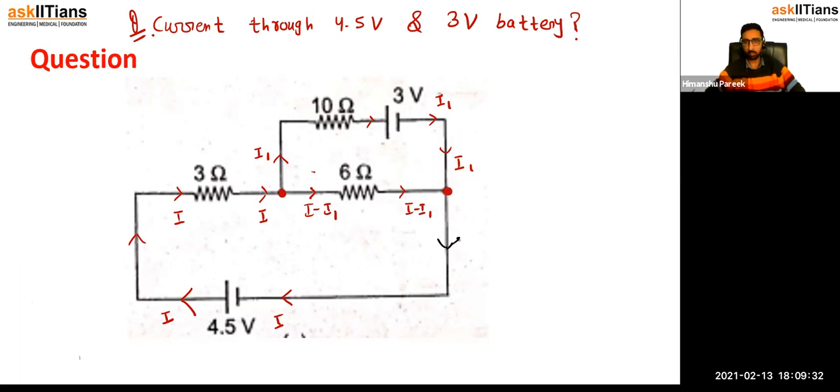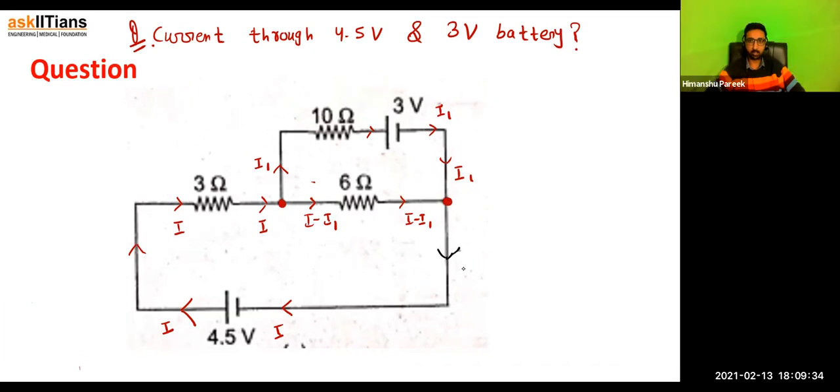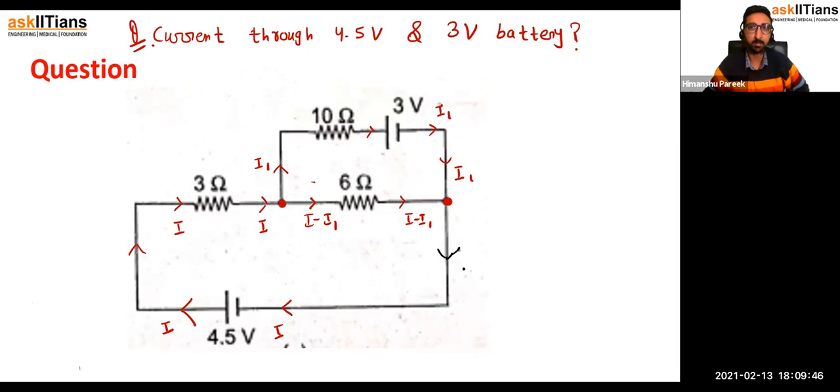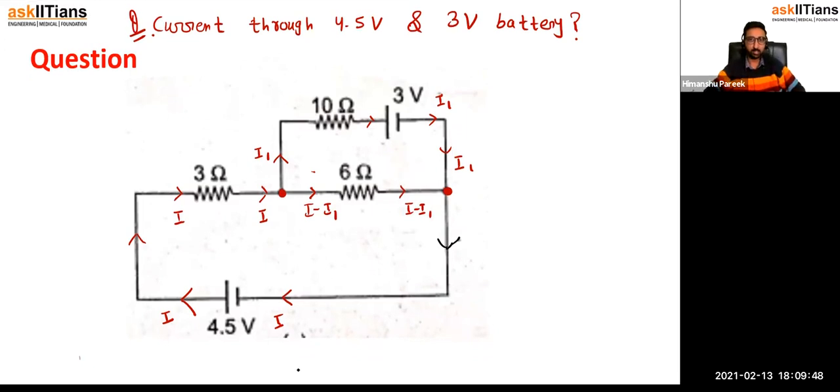It will again become I minus I1 plus I1, which is again I only. So the total current coming here is again I only, because you take the addition of these two: I minus I1 plus I1, which is again I only.